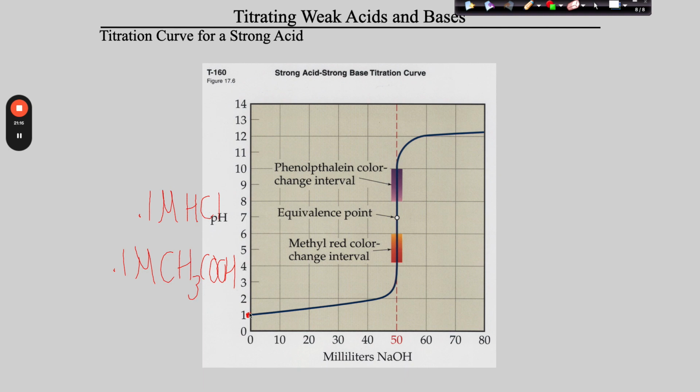Will it be at 1, above 1, or below 1, given that the molarities are the same? They're both 0.1 molar solutions, the HCl or the vinegar. So where will the line start relative to 1? At, above, or below? Talk about it.